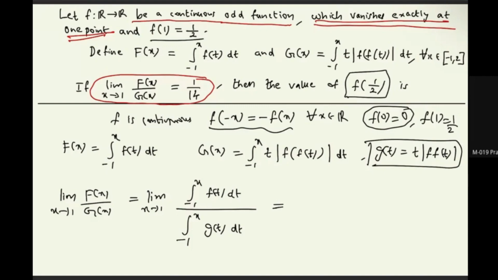It is 0 by 0 form. Why is it 0 by 0 form? Because f of t is an odd function, so the integral from minus 1 to 1 is 0. I will tell you. So when you apply, you get this, right? This is how you apply actually, because I need to stress on these details.